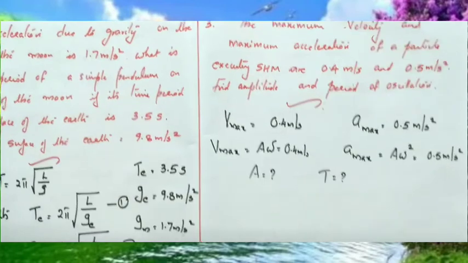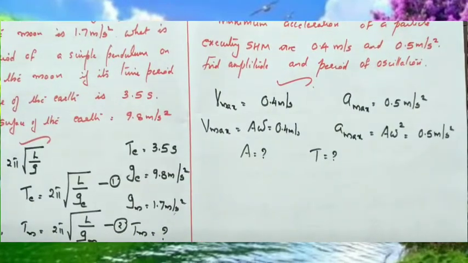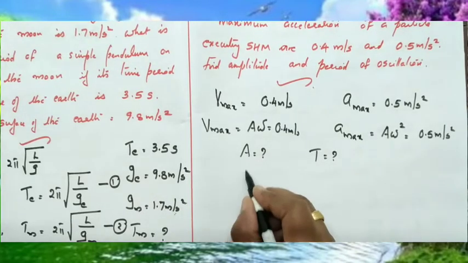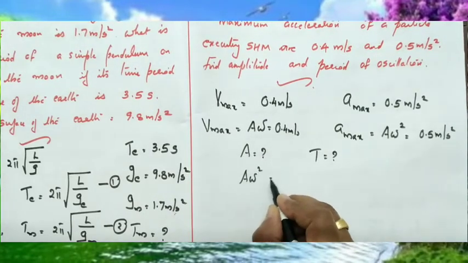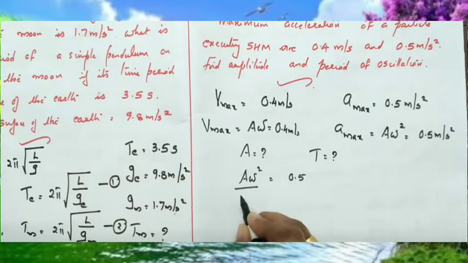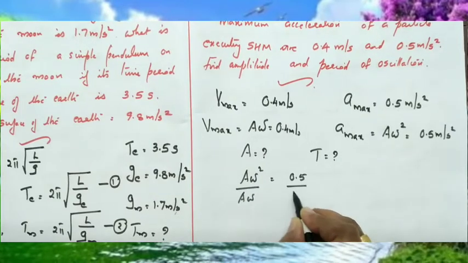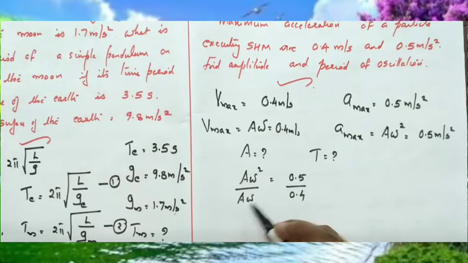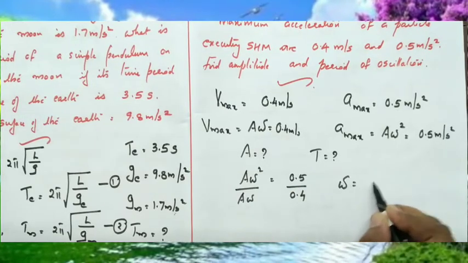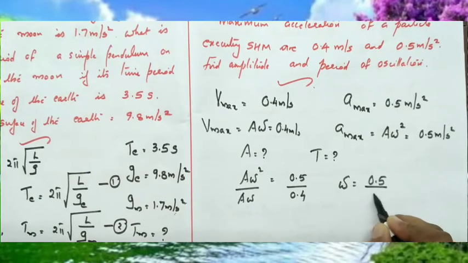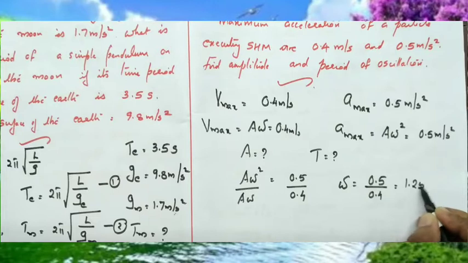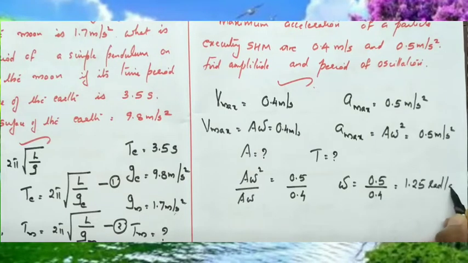Now, if you divide the two equations, A omega square equals 0.5 and A omega is 0.4. A gets cancelled and we get omega equal to 0.5 divided by 0.4, which is 1.25 radians per second.